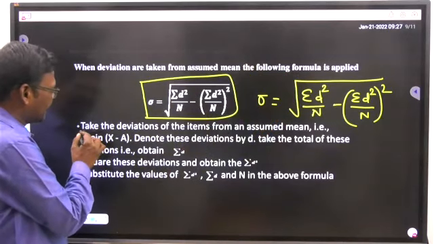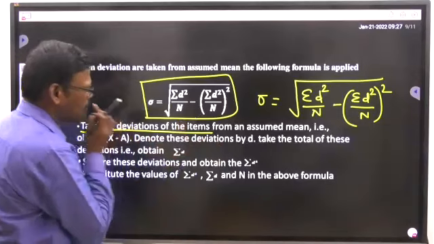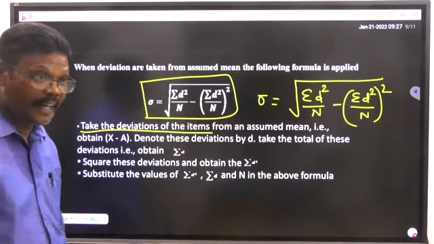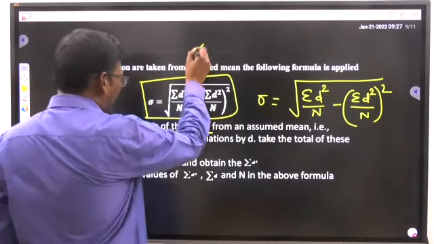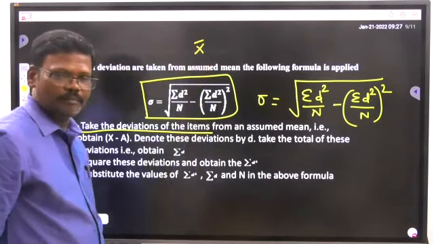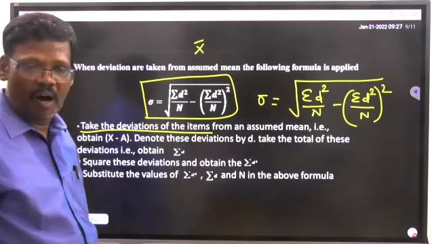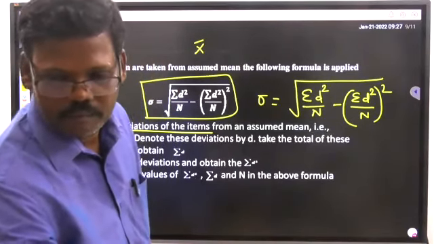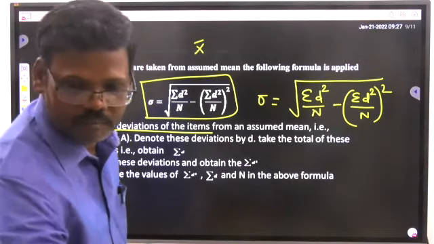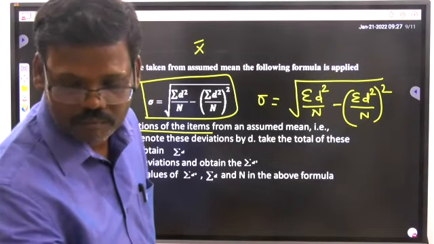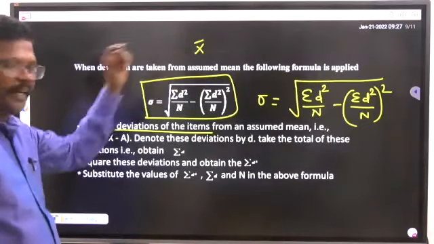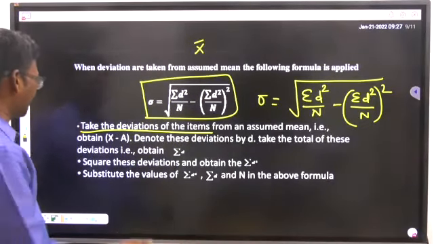Here, take the deviations of the items from the assumed mean, that may be the arithmetic mean, x bar.